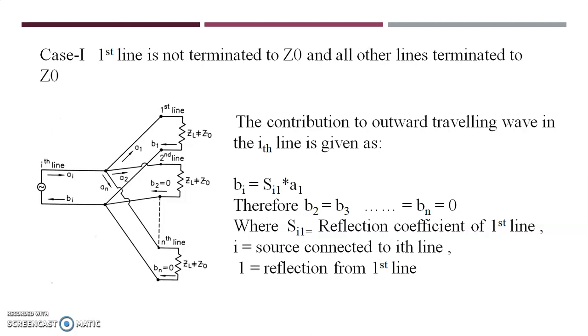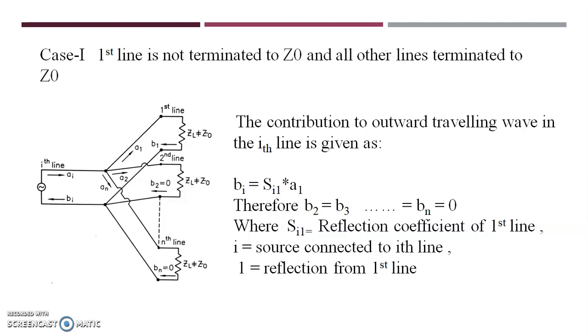The total reflected power, Bi, is equal to B1. So the relationship between the incident power and the reflected power is given by the equation Bi is equal to Si1 into A1, where Bi is called the reflected power, A1, that is the first line, is called the incident power, and Si1 is called a scattering parameter, which gives the relationship between the reflected and incident powers.